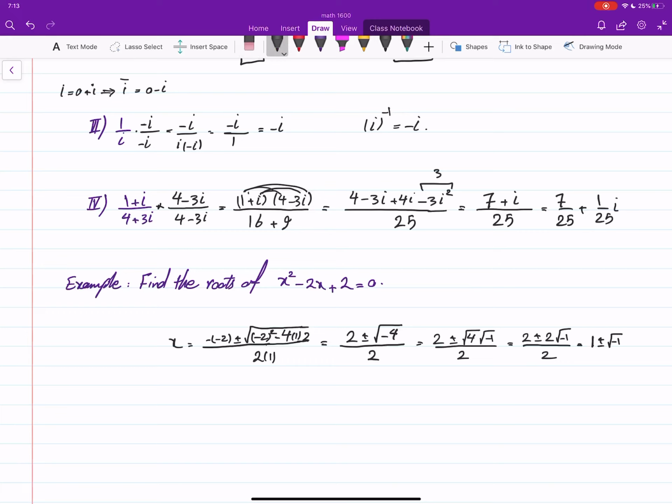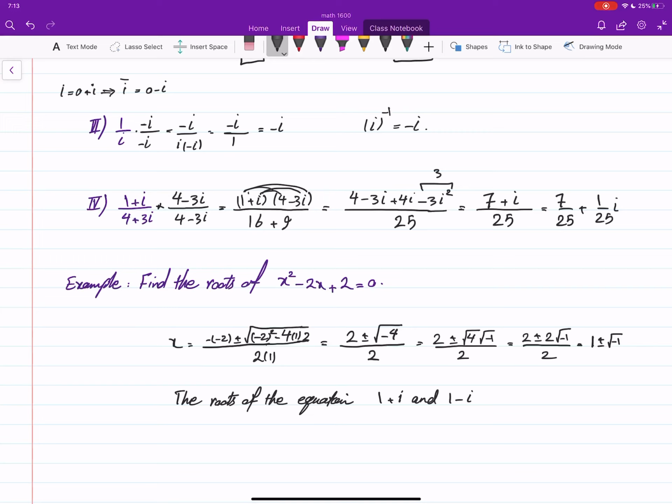In other words, the roots of the equation are 1 plus root negative 1 is i, and 1 minus i, which is its conjugate.